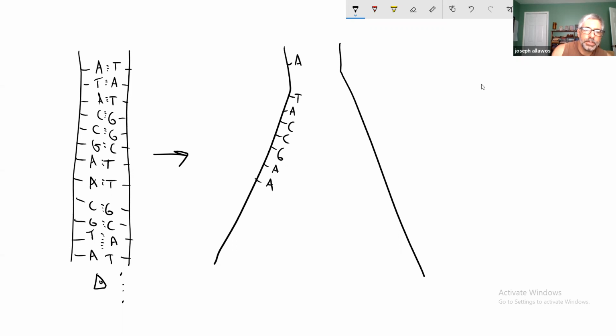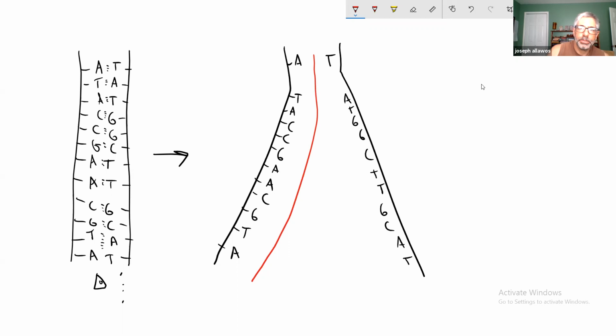And in the process of coming apart, let me just write these in. Make sure we don't have any mutations. So there's one side, and here's the other. And then what happens is a complementary strand will slip in on this side, like this.